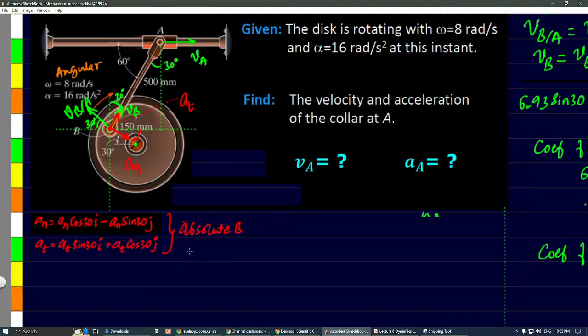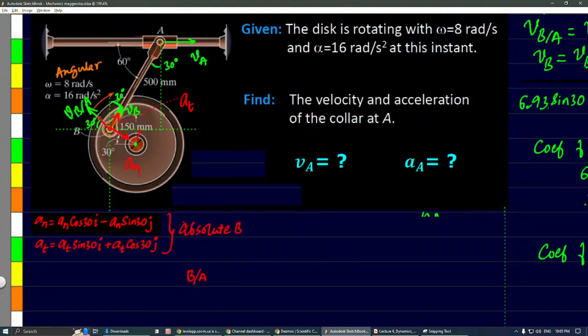Next, we have to find B with respect to A. That means B minus A. That will again have two components.